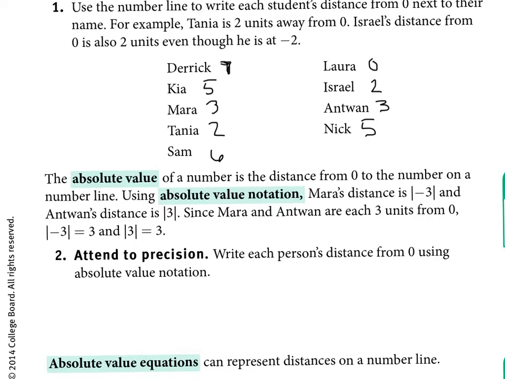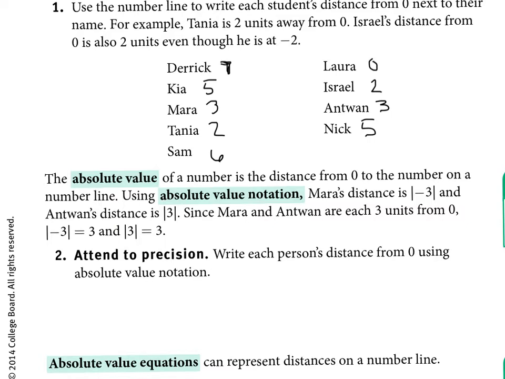If you look at Antoine's distance here, he is on 3. So the absolute value of 3 is the distance from 0. Both of them, though on different spots on the number line, Mara at -3 and Antoine at +3, are both the same distance from 0. They're both +3. And that's important to know about absolute value, it's always positive.